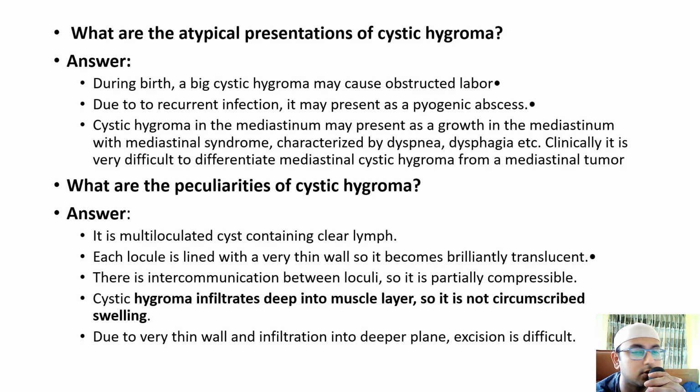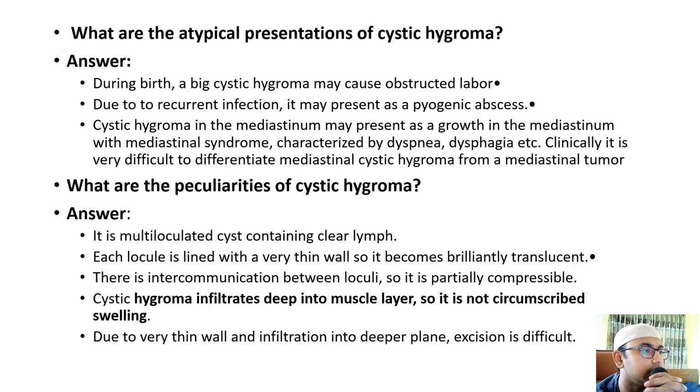Clinically, it is very difficult to differentiate a mediastinal cystic hygroma from a mediastinal tumor. So in order to differentiate, you must perform a CT scan of the chest to identify whether it extends from the neck or originates in the mediastinum as a mediastinal tumor.